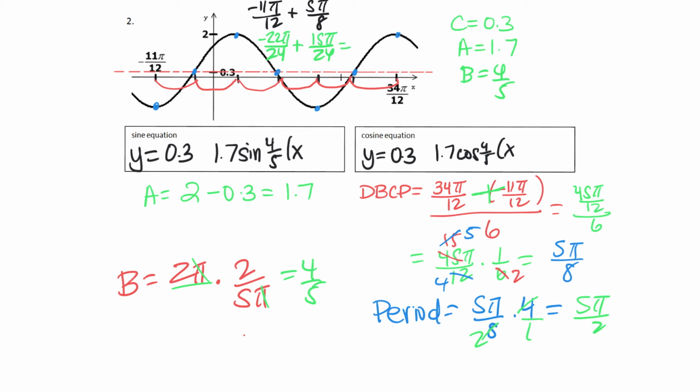Adding those two together, we get negative 7 pi over 24. And so now I have my SA going up is negative 7 pi over 24. Since it's a negative, this is going to end up being plus 7 pi over 24. But because it's an SA going up, it's going to be a positive sine.